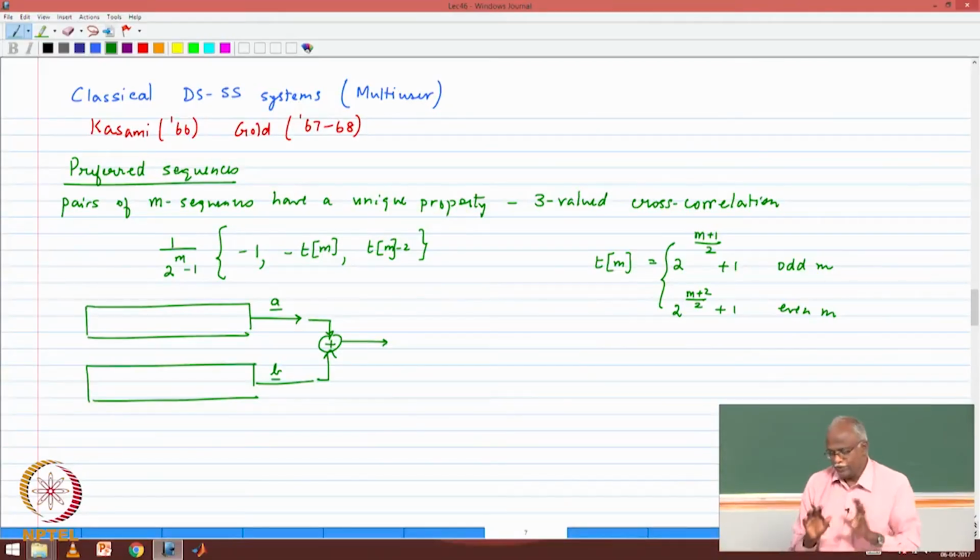Okay, and this was one of the absolutely remarkable results, because all it said was, you now have a large family of codes which have good cross correlation.